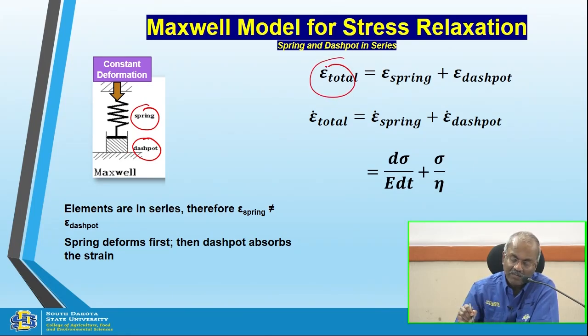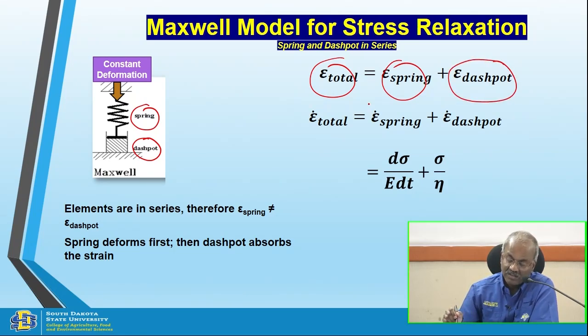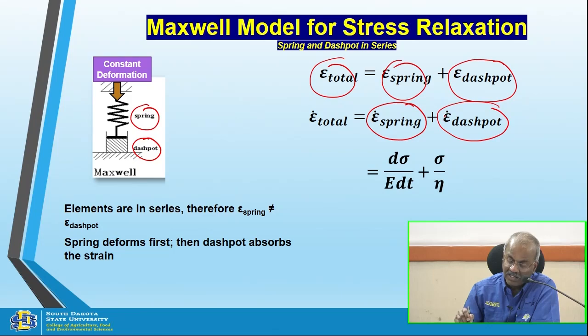Total strain is a combination of spring and dashpot, and if you take the strain rate, the rate of total strain is the spring strain rate plus the dashpot strain rate. Dashpot strain rate is nothing but stress over viscosity. Here it will be the change in stress over the modulus of elasticity times the time factor, delta t.